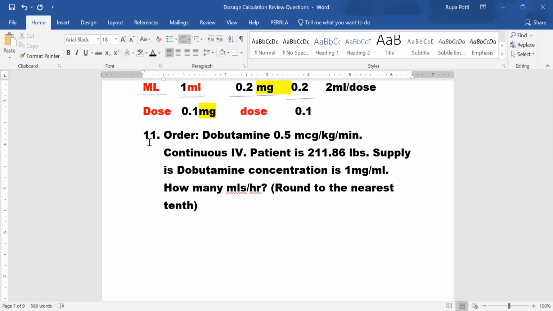These problems may appear a little bit longer, and they may have various units like micrograms, kilograms, grams, and pounds. So again, the principle always remains the same. You go by what is available, what is your order, and what is it that you need.